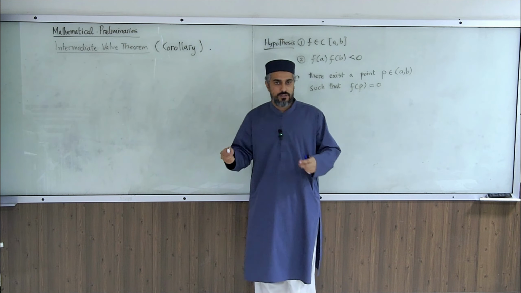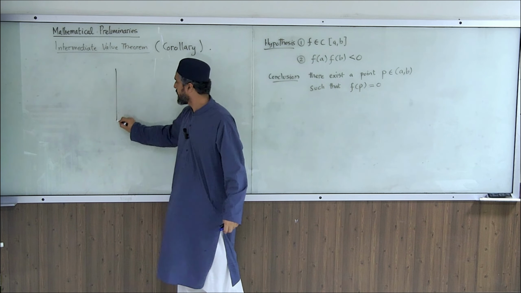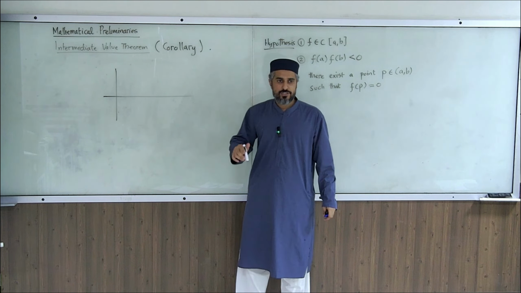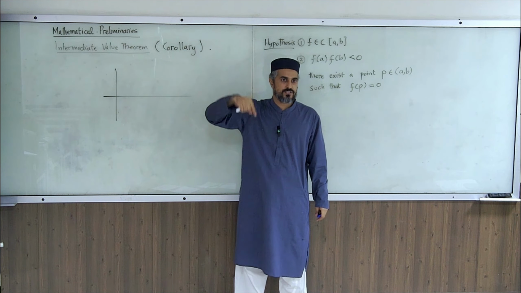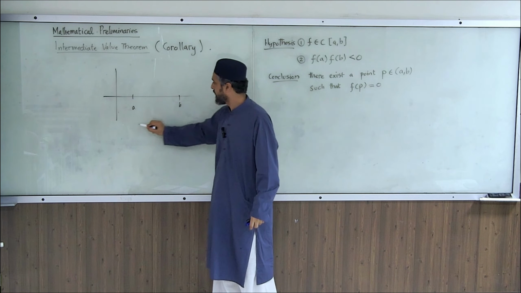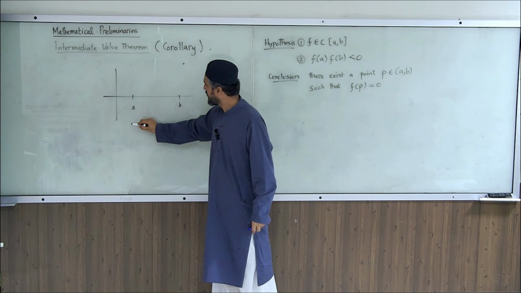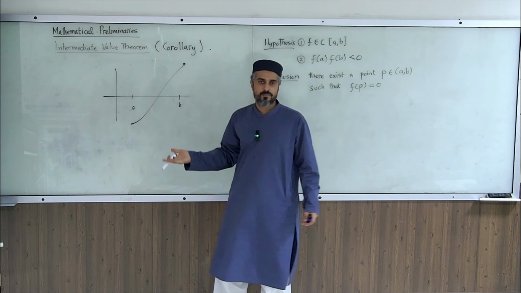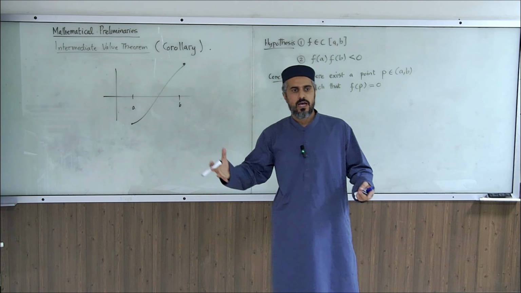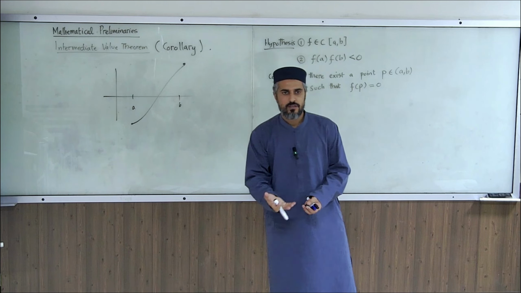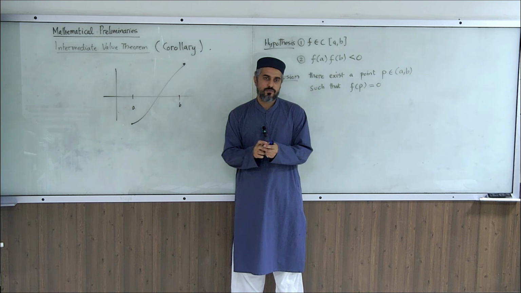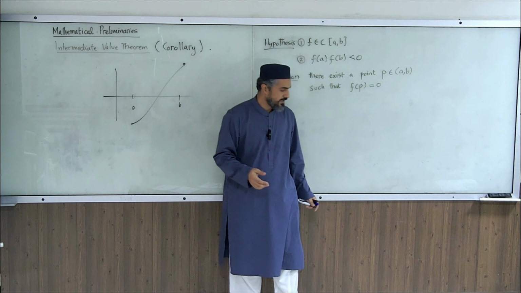Before I go into detail on the condition f of a times f of b less than 0, we just saw a case where one of the heights is positive and the other is negative. If such is the case, you can draw the same analogy. If one is negative and the other is positive, the product is negative, so we will have a solution.